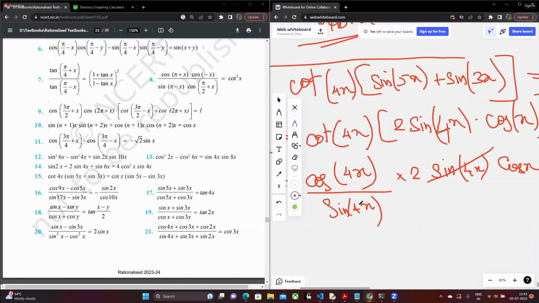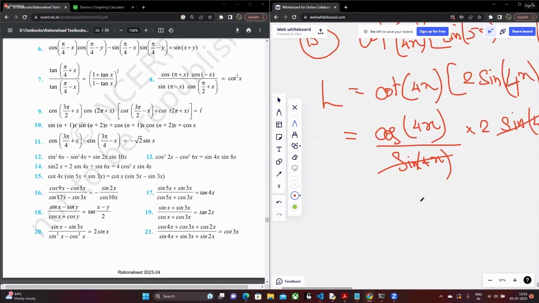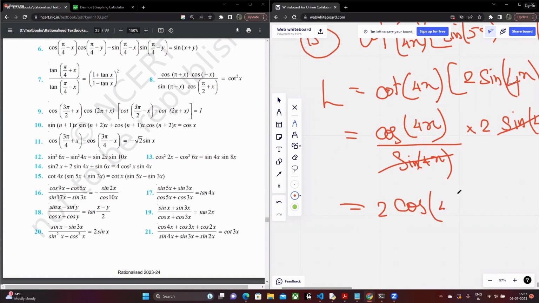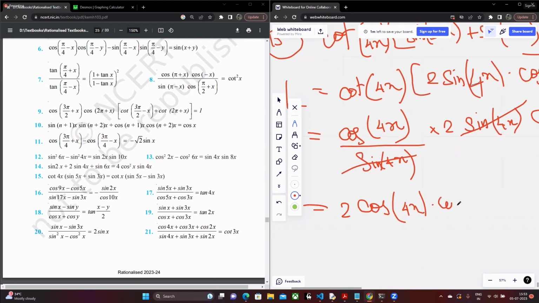And this sine is going to get cancelled. This is equal to 2 cos 4x into cos x. Right?